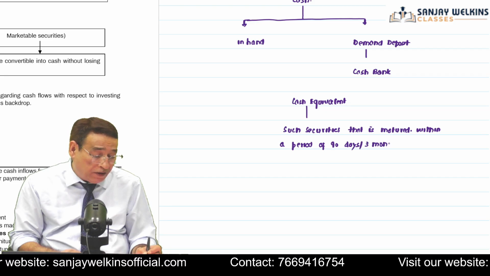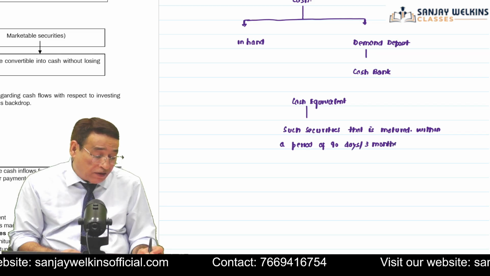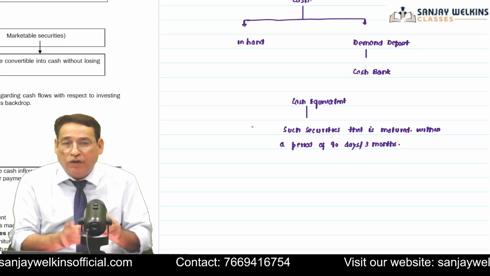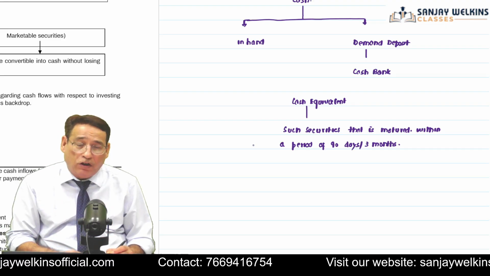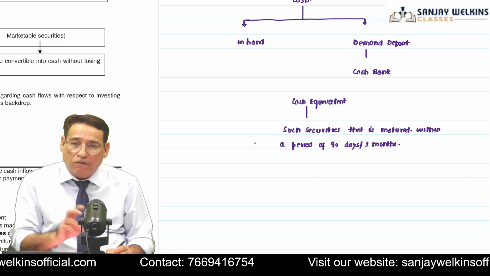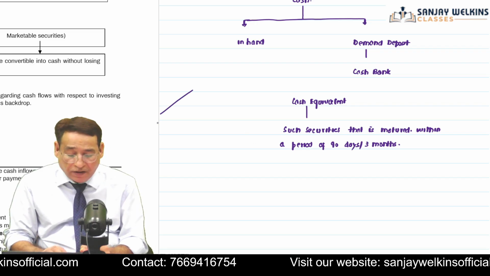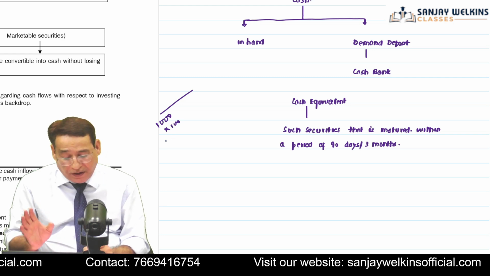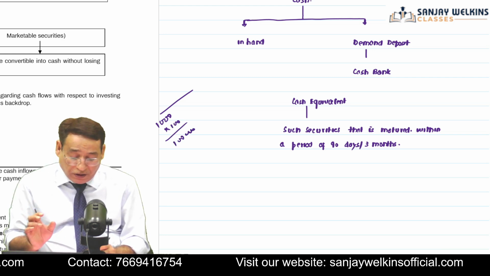In simple words, cash equivalent simply refers to such investment or securities which you can encash within 90 days or what we call 3 months without losing anything. Without losing anything, what we mean by that, suppose if I have got 1,000 shares of a particular company of rupees 100 each, so the total value is equal to 1 lakh.